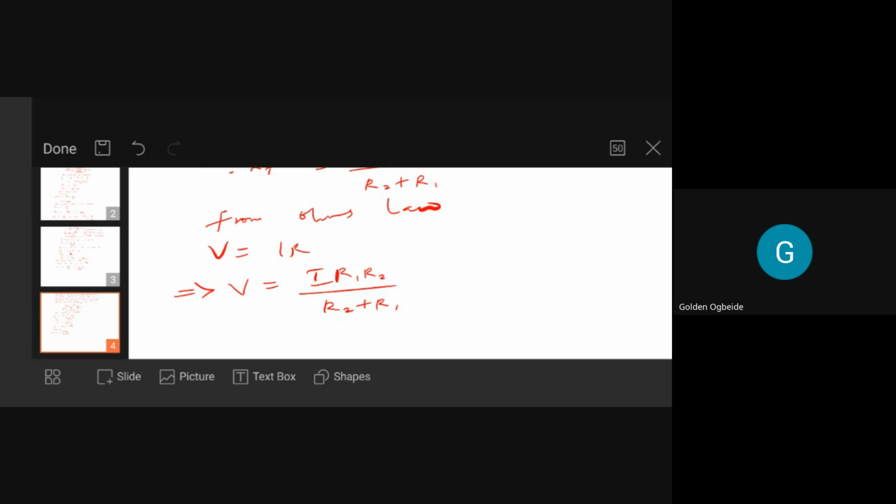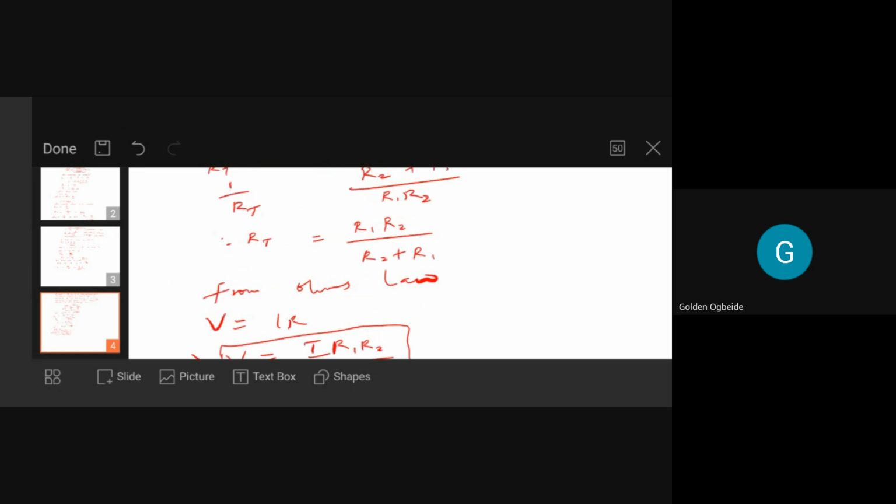So this is the expression telling us the potential difference across that circuit. From here, we can then find the current flowing through the resistor R2.